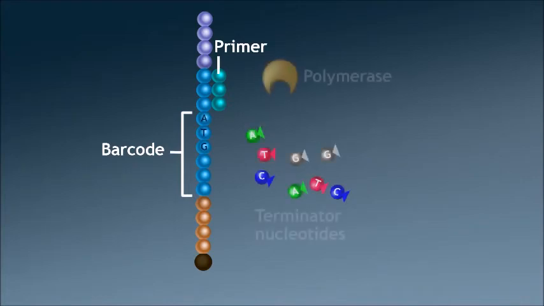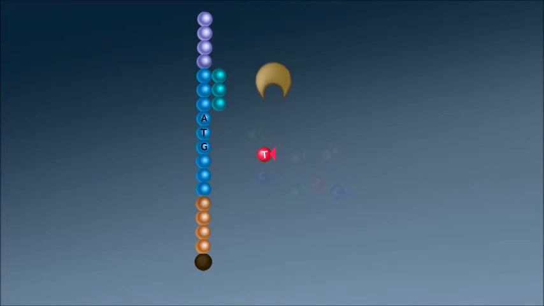A mix of polymerase and fluorescent terminator nucleotides are added. The complementary base is incorporated, then emits a fluorescent signal, which is captured by a CCD camera on the microscope. Next, the terminator is cleaved, allowing the next base to be incorporated. This process repeats itself until the whole barcode is sequenced.